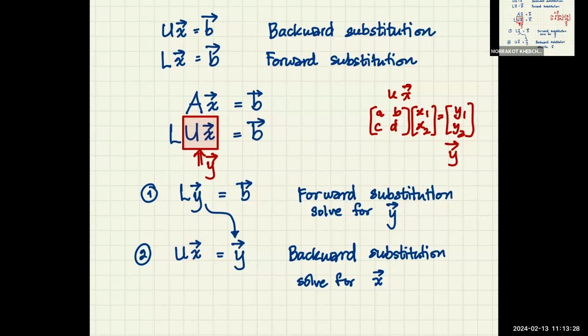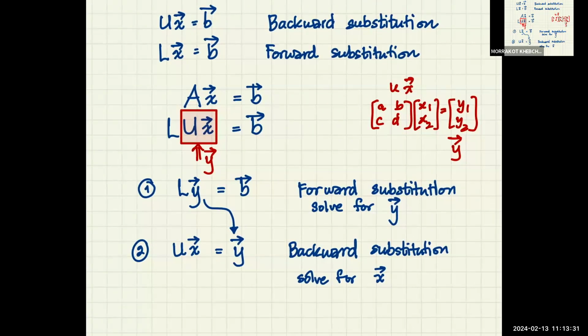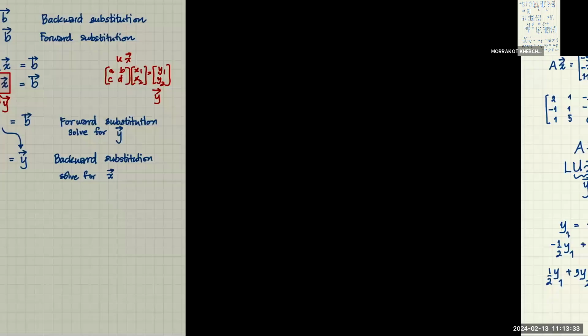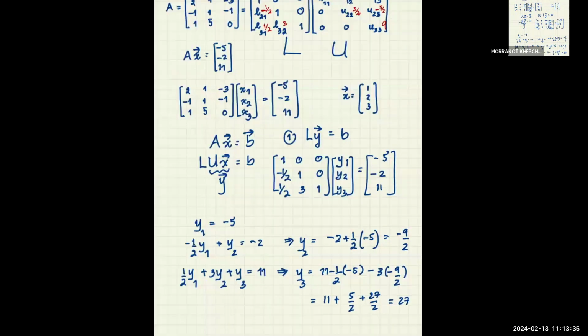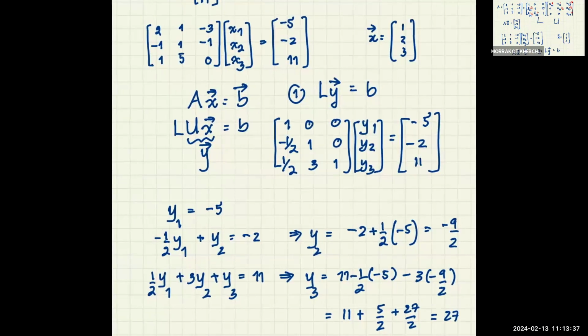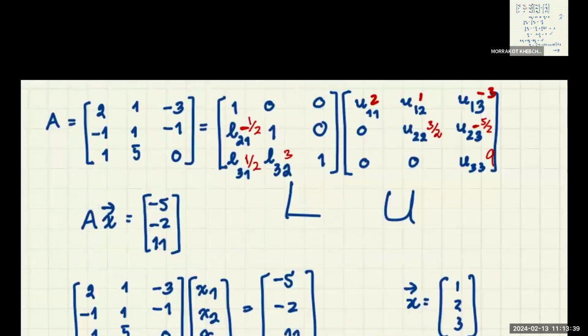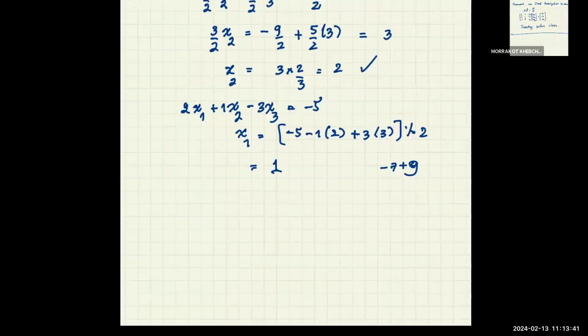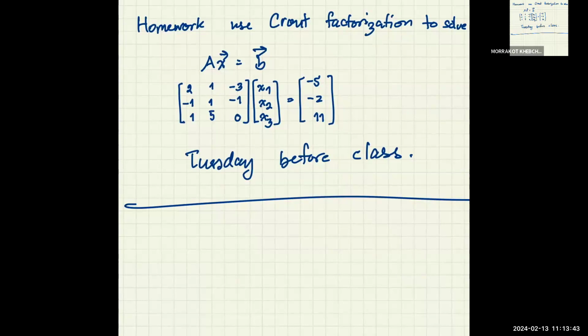So we have the solution. And last time I showed you the Doolittle factorization, and the homework is for you guys to factor this as the Kraut factorization. Okay. So that's all we have for solving the matrix.